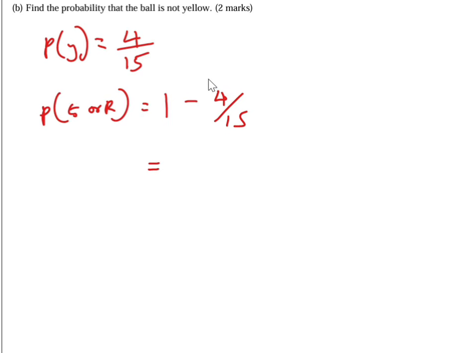So 1 minus 4 over 15 napata ni nini? It is 11 over 15. So probability of picking a ball which is not yellow is 11 over 15. And therefore, that is the answer to part B.